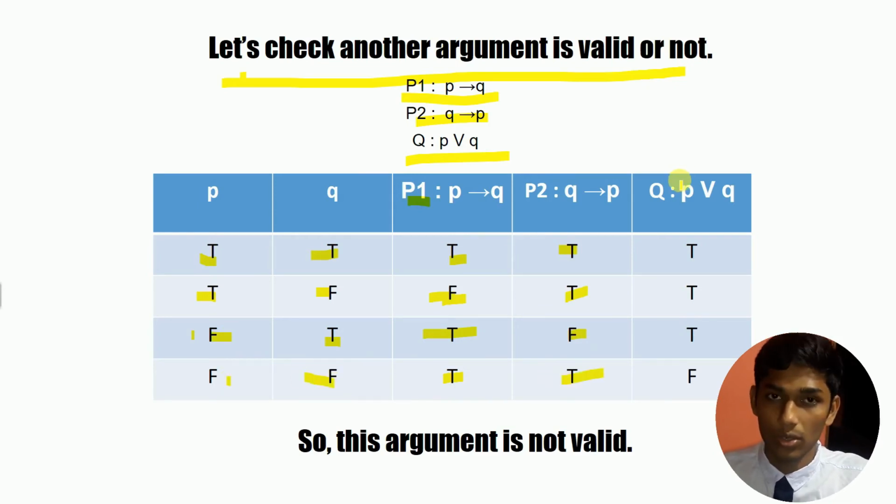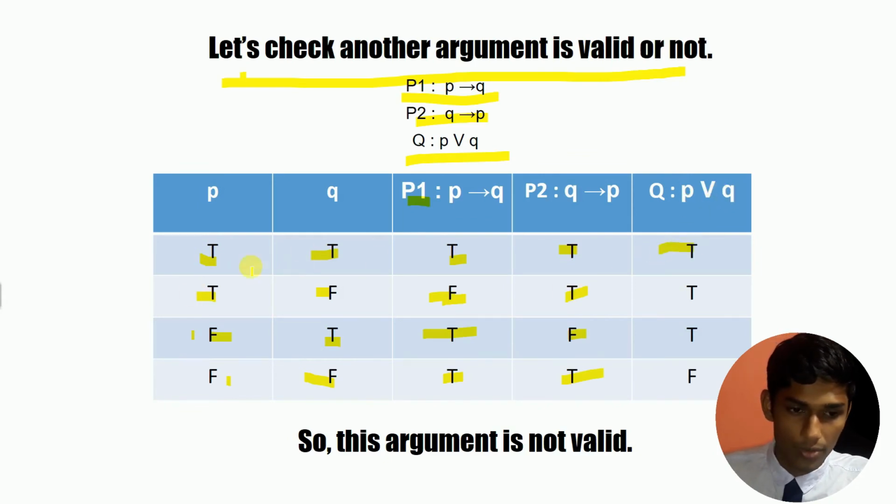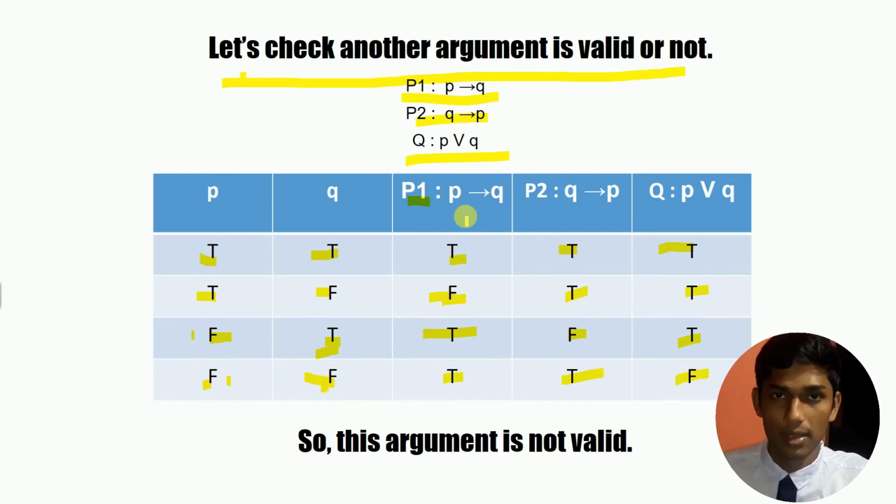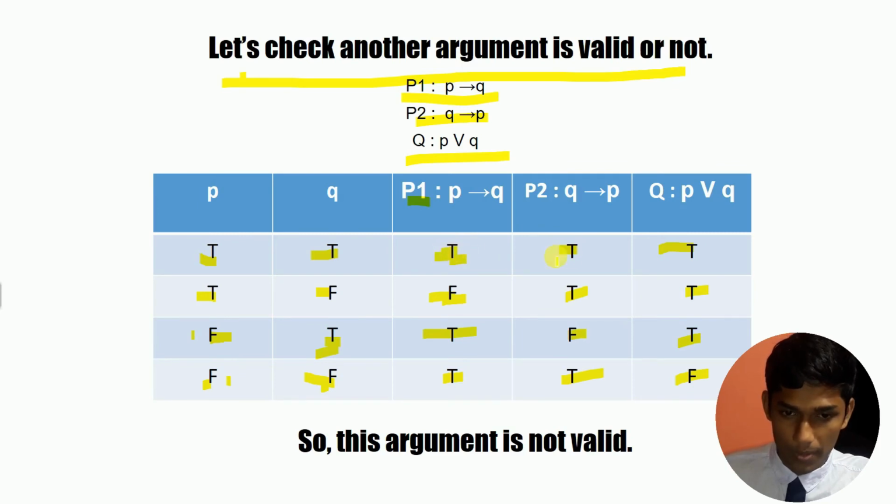Now the conclusion, here the conclusion is P or Q. For true true it is true, for true false it is also true, for false true it is also true, but for false false it is false. Now the main rule is that if both premises are true, then the conclusion has to be true. In the first row, both premises are true, so the conclusion is true.